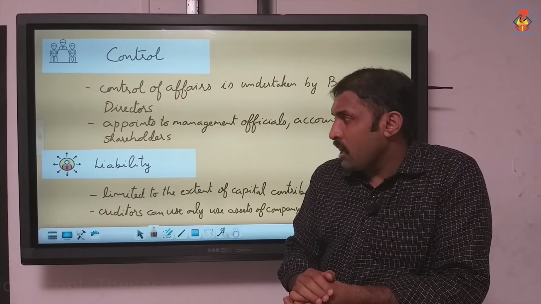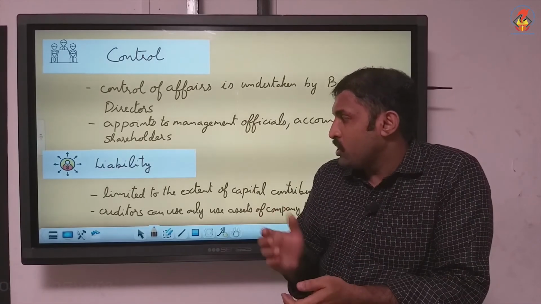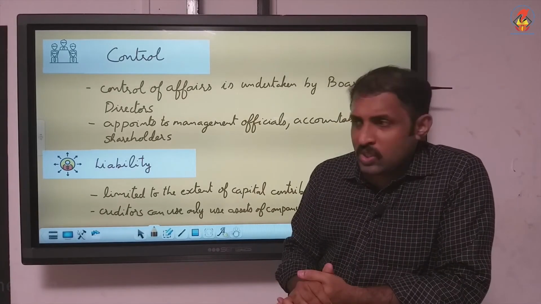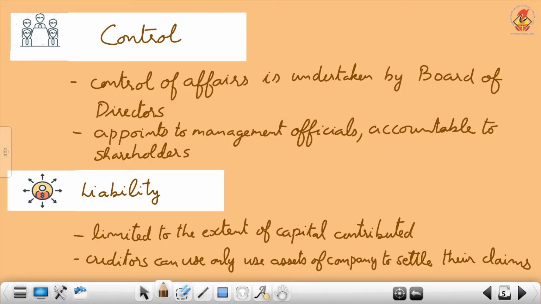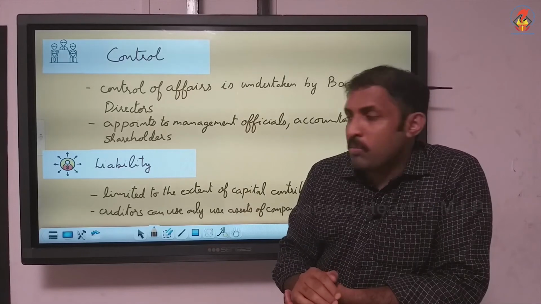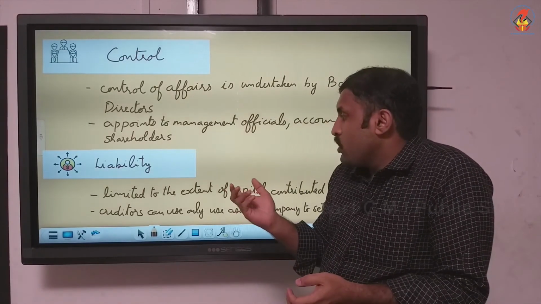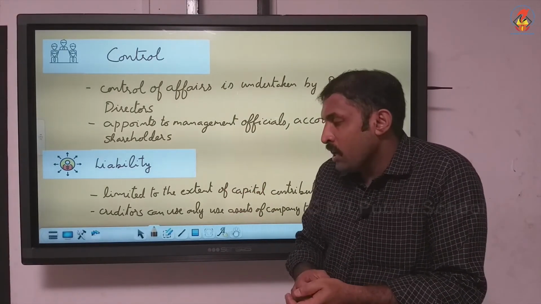And regarding liability, that is another feature. Liability is extended only up to the limit of what they have contributed. The amount of shares they have purchased, only to that limit the liability is there. Liability is only to the extent of capital invested.